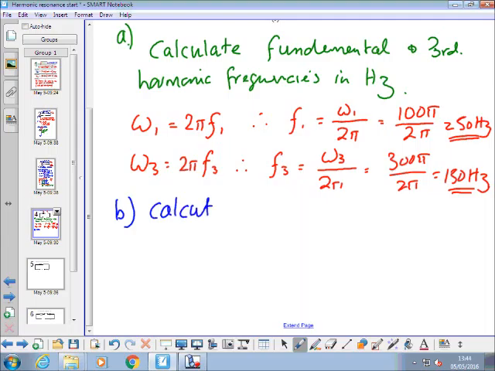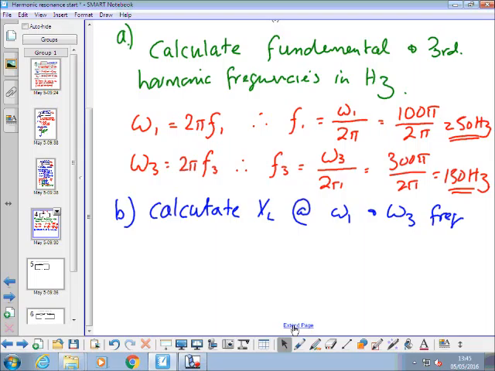Part B: calculate XL at omega 1 and omega 3. We've only got XL at the moment.